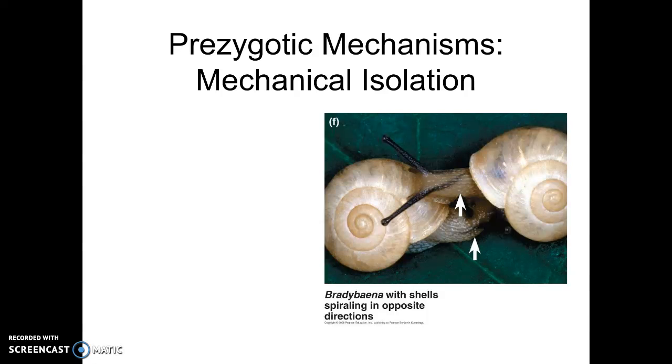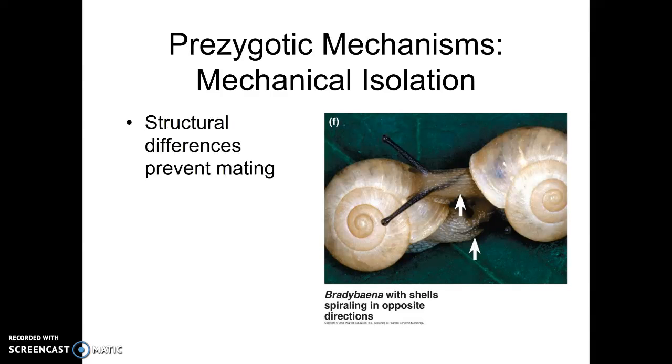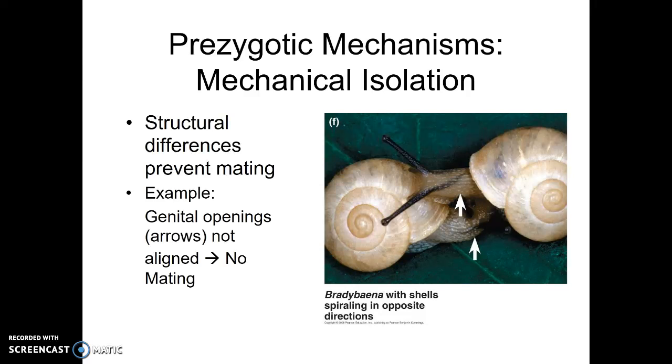In order for the snails to reproduce, they have to be able to join together. They have structural differences that prevent the mating. The sexual organs are not in the correct place for each other to be able to mate, so the genital openings are not aligned. If that doesn't work, then you're not going to mate and make babies.